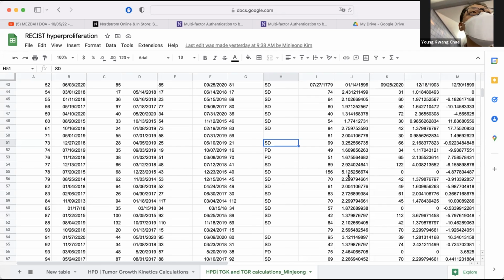Minjung's project was looking at different algorithms in the published literature and how that makes a difference in interpreting data. So for the first time, we are using the real-time data and applying different algorithms, hopefully with volumetric data as well. So this will be first of its kind.